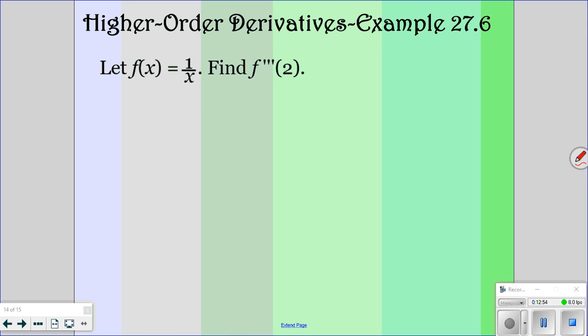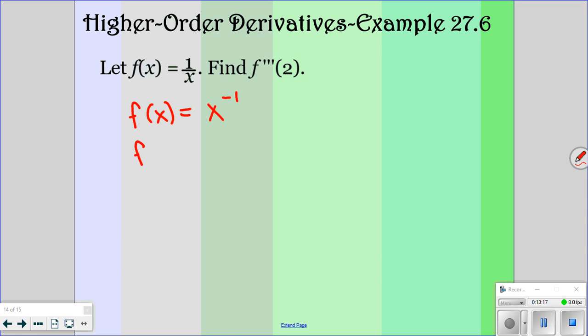Okay, so now let's look at this one. We want to find the third derivative because we have f triple prime. So first off, we need to put it so that it's in the numerator. So 1 over x is the same thing as x to the negative 1. So if you think you can take the second and third derivative of this one, go ahead and try that.